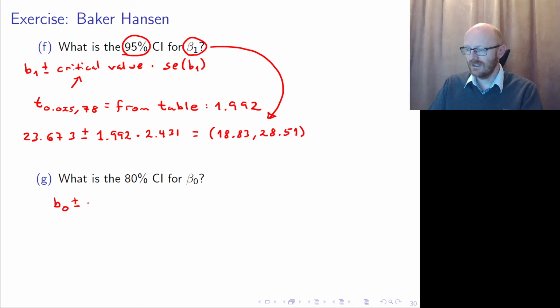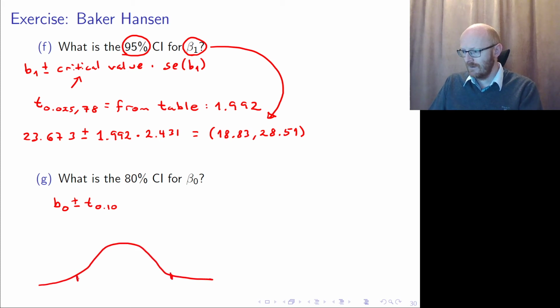The critical value in this case is the t 0.10, because if we have 80% of our instances in the middle here, we want to be 80% certain, then we are 20% uncertain with 10% in each tail.